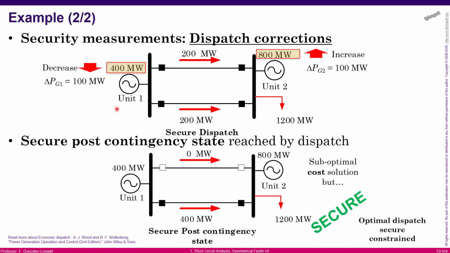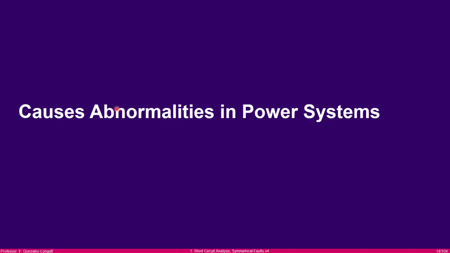But if you consider only the operation cost and you don't consider security, then you can have problems, okay? This is just a reflection that I want my students to come back to and think about the cost of optimal dispatch, including security, okay?